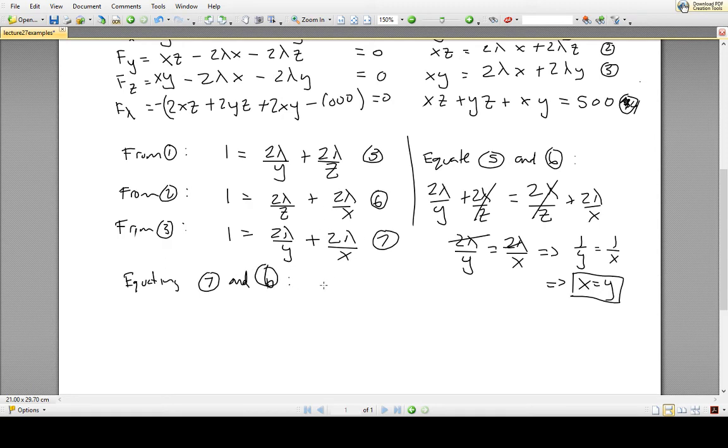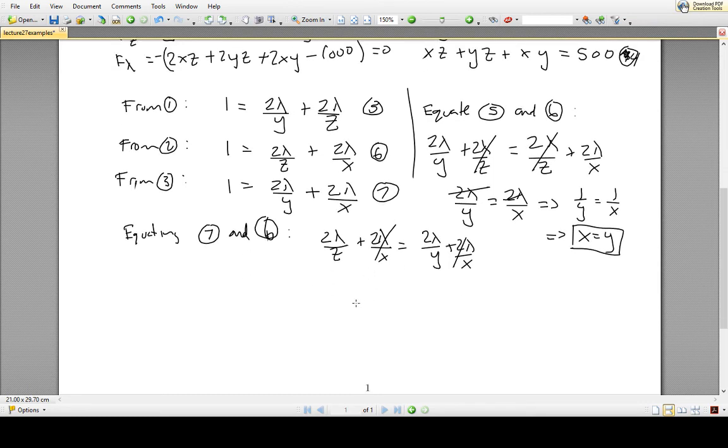That gives me that 2 lambda over z plus 2 lambda over x is equal to 2 lambda over y plus 2 lambda over x. The 2 lambda over x's cancel, so do the 2 lambdas on top here. And what I end up with is that 1 over z must be equal to 1 over y, which means that y is equal to z.